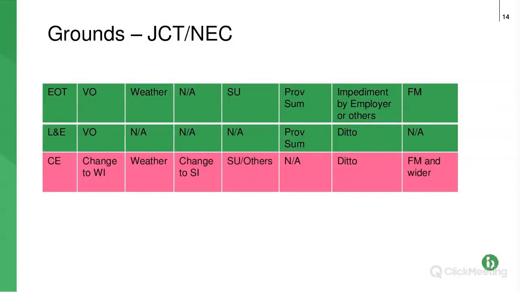The next one along, change to the site information. So this is ground conditions under NEC. It is a compensation event. It's quite limited because it only relates to ground conditions you wouldn't have anticipated, taking account of the fact that usually there's a load of site information appended to the contract.